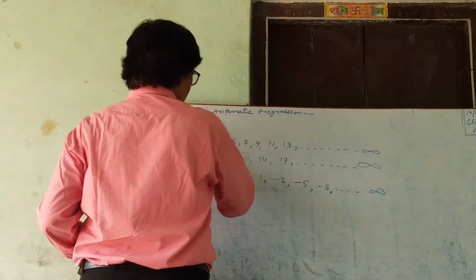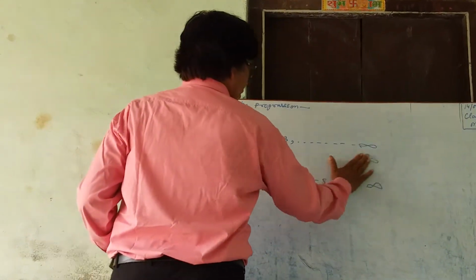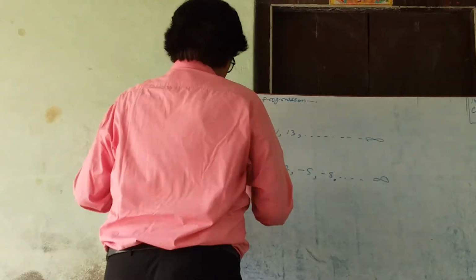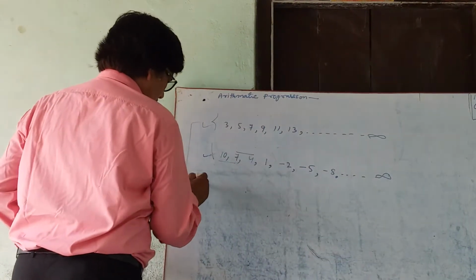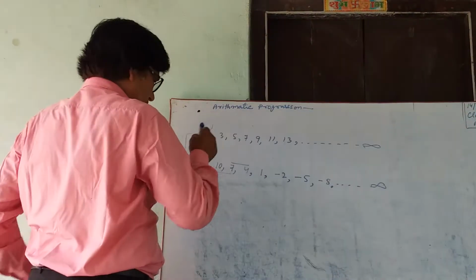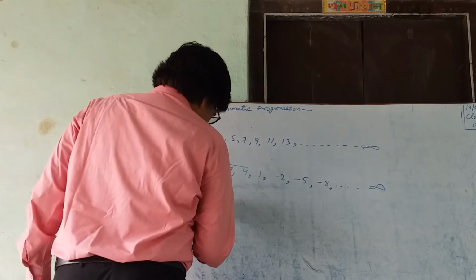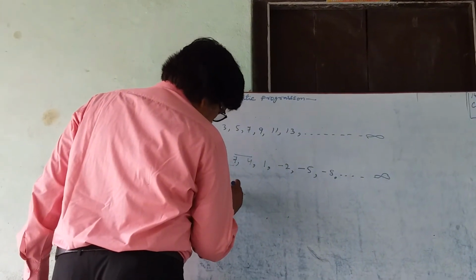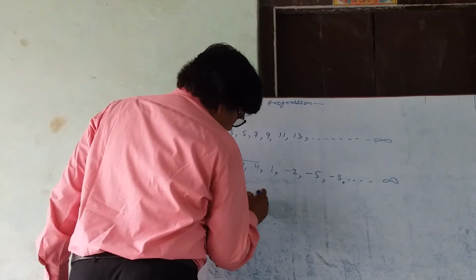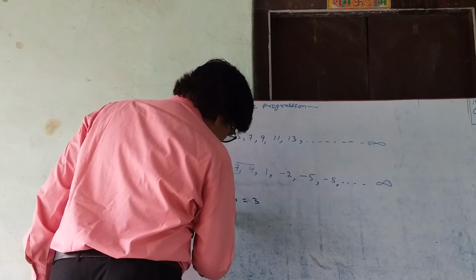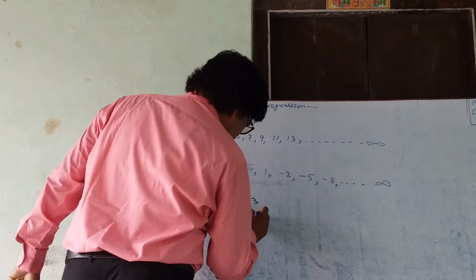List. First term equal to 3. Second term equal to 5.